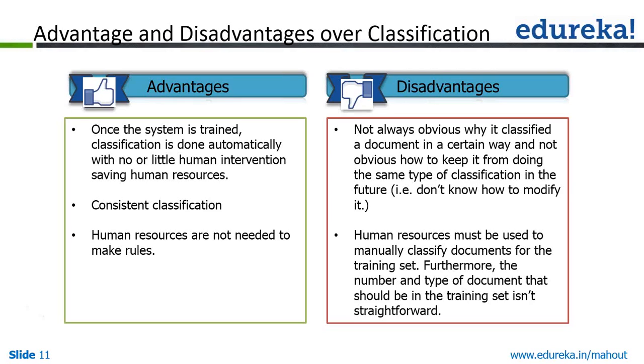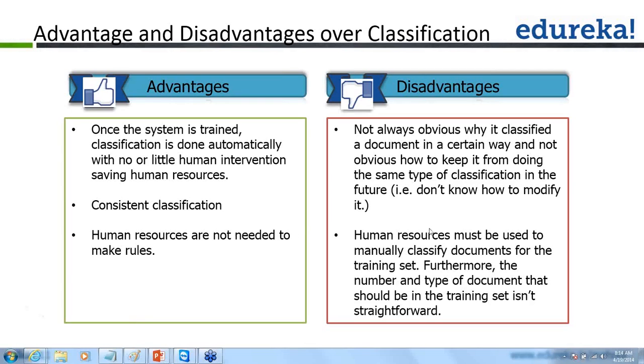If the model meets those metrics, it will be consistent in 95% of the cases, if your data is not changing much or there are no assumptions you didn't take care of in advance. Also, human resources are not needed to make rules. The learning algorithm will generate the rules based on the data only.